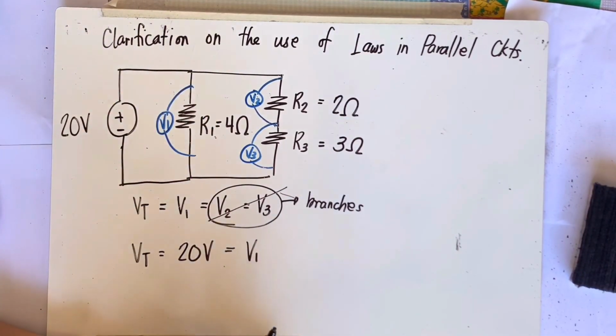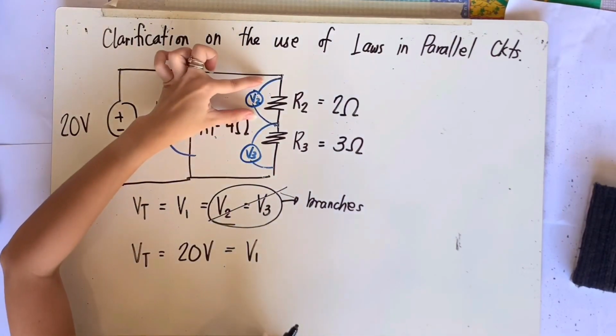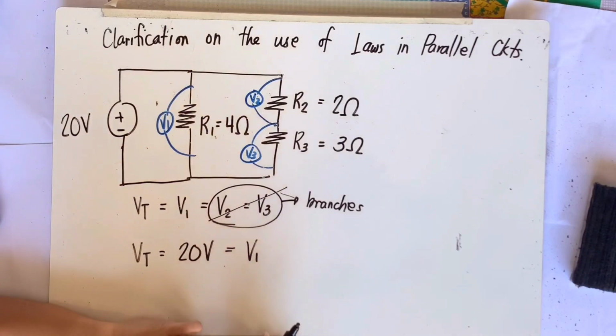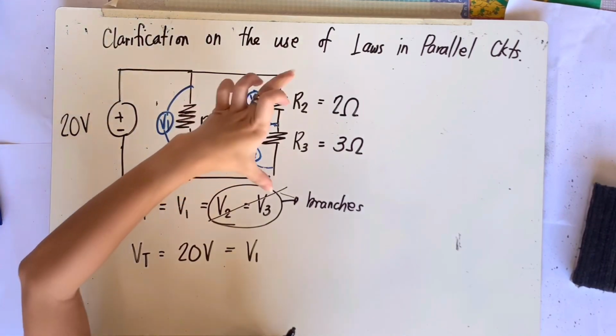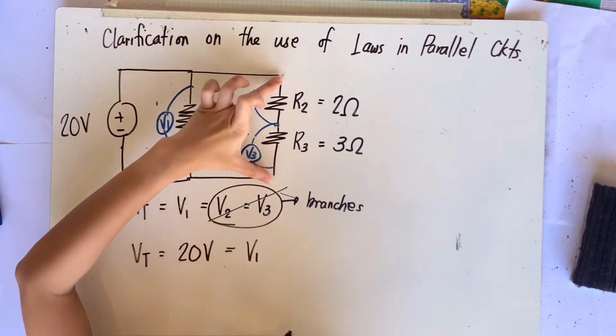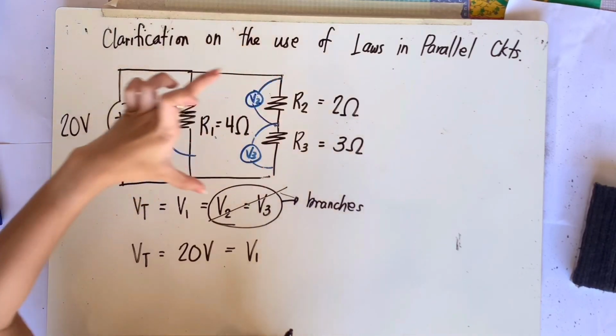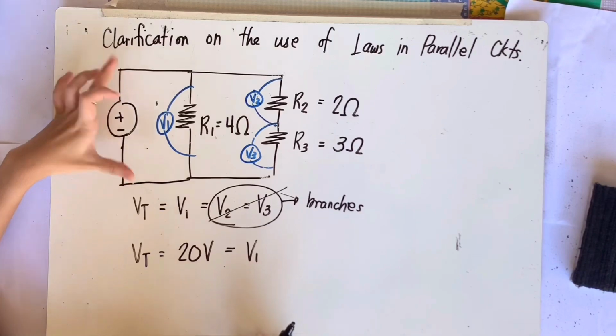Pagdating mo sa second branch naman, yung ating V2, hindi na siya equal kay V3 ha. Remember here, since series yung dalawa, V2 will never be equal to V3, but instead, as a whole, ng magkasama or together, they will receive the 20 volt supply since yung buong branch na yun is parallel to this applied voltage.